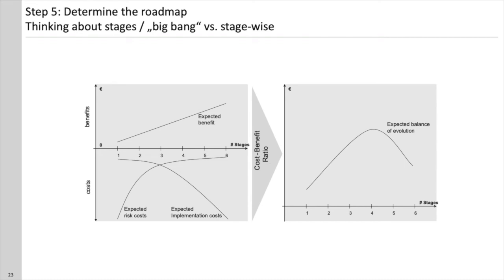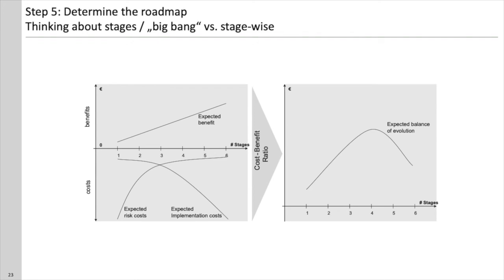And what you see on that slide is that the one extreme in terms of stages is the so-called Big Bang. In the Big Bang scenario, there's only one stage. So you put together everything and you put it into operation completely. This is what you see on the left-hand side.